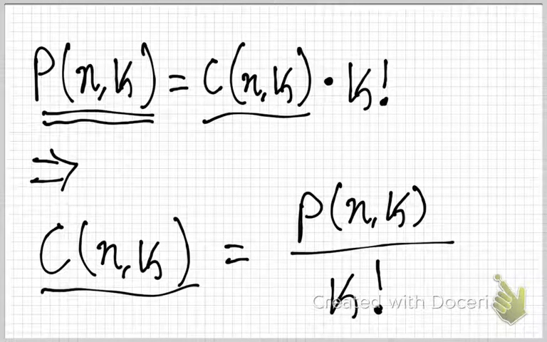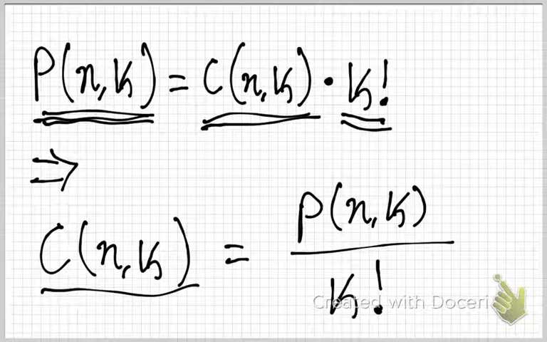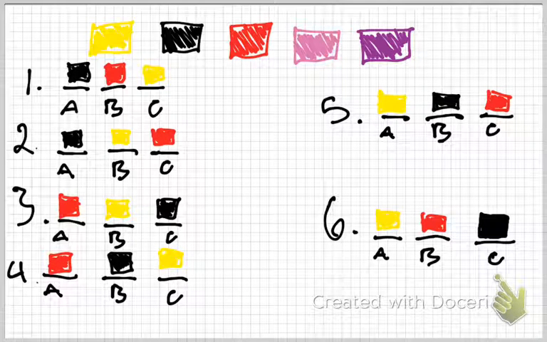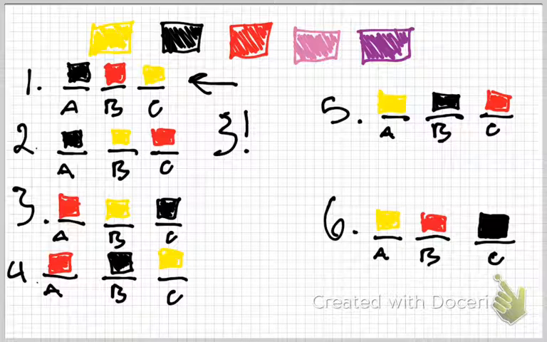We found that the total number of permutations is equal to the total number of combinations times the total number of permutations within that combination. I'll go back to the example right here. The total number of permutations within this combination, where we have three spaces, A, B, and C, is 3 factorial, or 3 times 2 times 1.